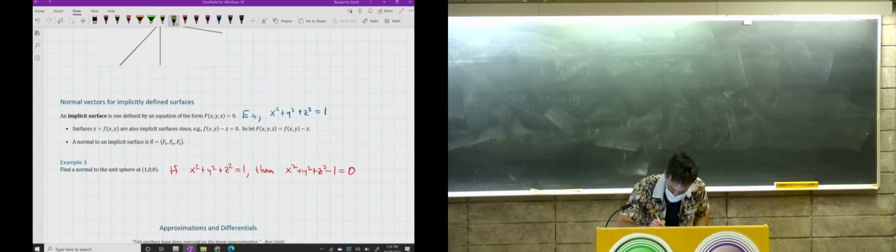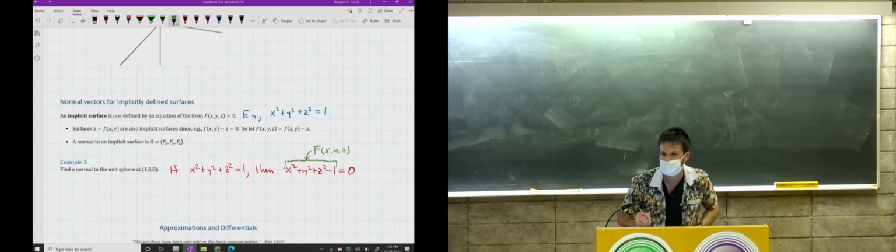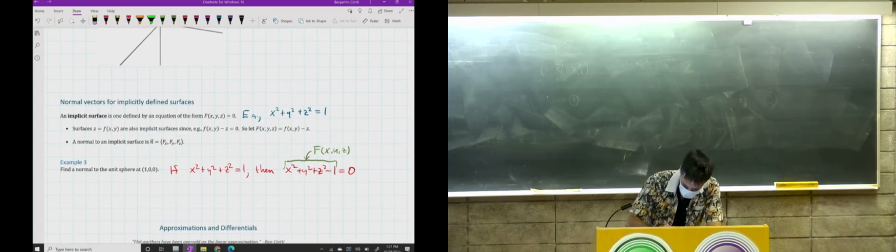So this is like my capital F. So that's what I would plug into this normal formula.